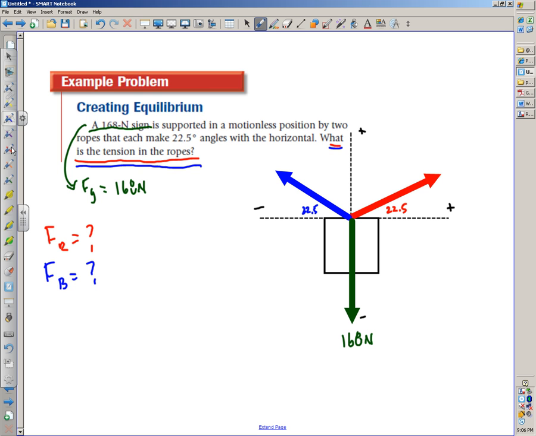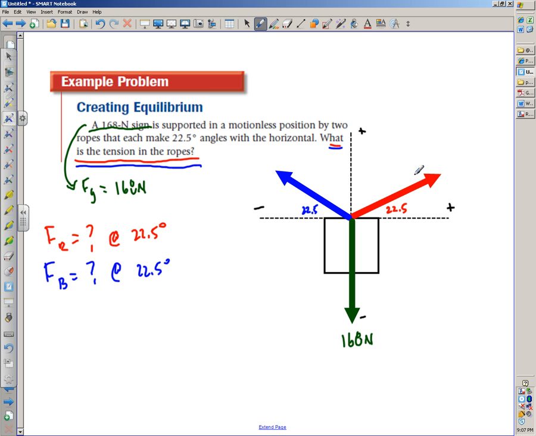We don't know the values of those, but we do know that this is at 22.5 degrees, and that this is also at 22.5 degrees. It's not the same angle, but they are equivalent. They're just measured from different places. That might be confusing, but hopefully you'll see in a little bit that it's going to make our lives a little easier.